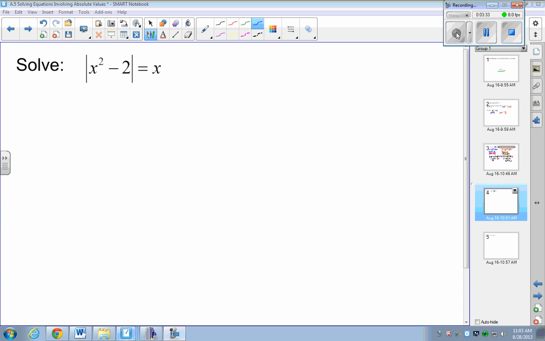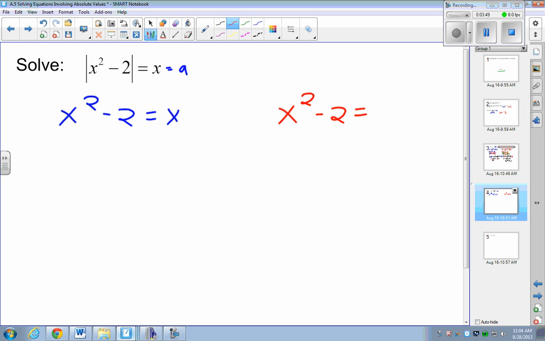Alright, so let's work on this example. Here, the expression inside is going to equal a, and so we're going to get x squared minus 2 is equal to x, and x squared minus 2 is equal to negative x. Alright, so let's solve for both of these.